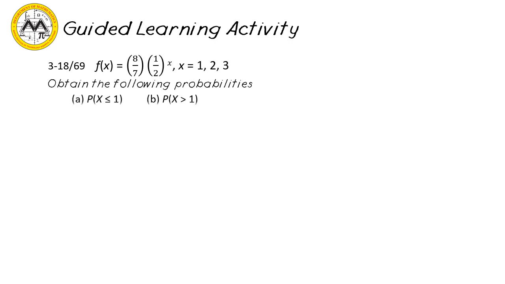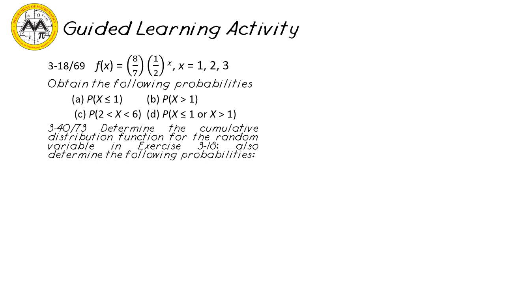Another problem. Let us consider the probability mass function given by 8 over 7 times 1 over 2 to the x for x equal to 1, 2, and 3. Obtain the following probabilities. The probability of x less than or equal to 1, the probability of x greater than 1, the probability that x is between 2 and 6 exclusive, and the probability of x less than or equal to 1 or x is greater than 1.